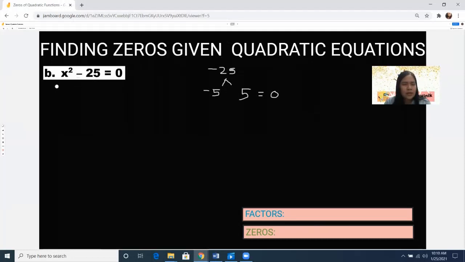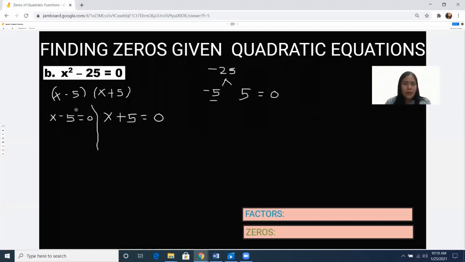Okay, next, we're going to factor the x² by creating two parentheses. So x times x, we have x². Then we will use the first root, which is -5, and then the second root is 5. Then you may apply the zero product property. So x minus 5 equals 0, and then the second one, x plus 5 equals 0.